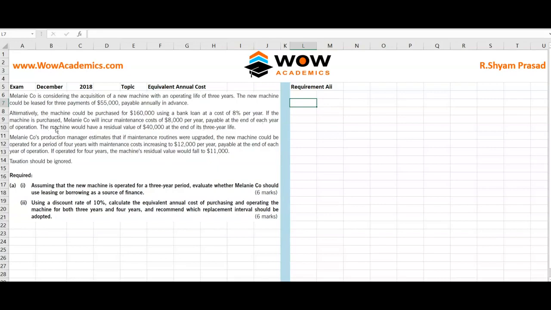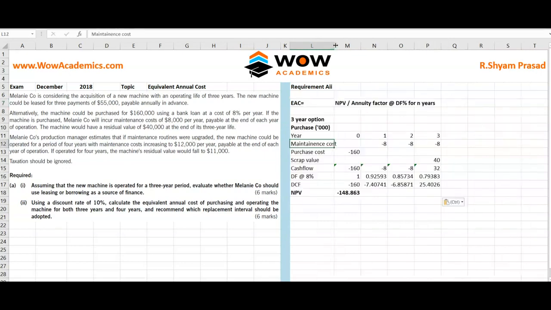So this question takes this paragraph and wants to work it out. What they want is, using a discount rate of 10%, calculate the equivalent annual cost of purchasing and operating the machine for both 3 years and 4 years, and recommend which replacement interval should be adopted. So the question asks you whether the machine should be operated for 3 years. The information is given here. Whether it should be operated for 4 years and then sold, that is given here. So the 3-year versus 4-year option.